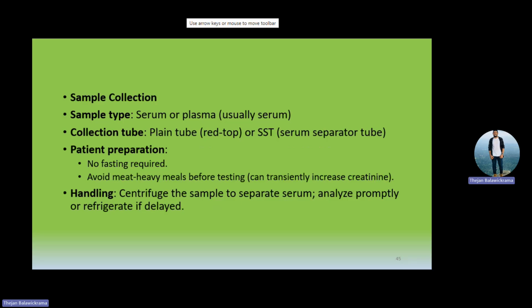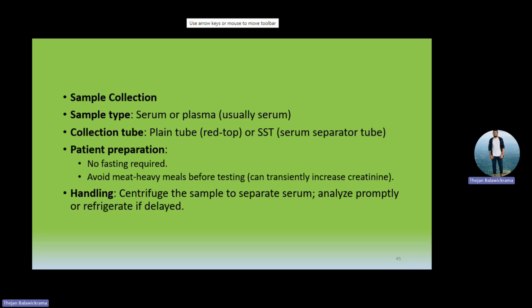Speaking of how to do this test, again we take serum or plasma as a sample. Remember, this test doesn't require fasting. But it is related to protein content, so meat-heavy meals have to be avoided.